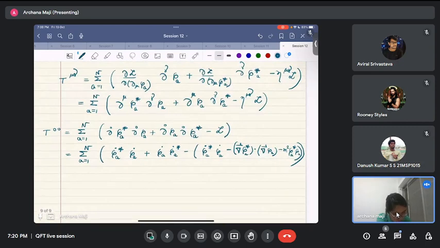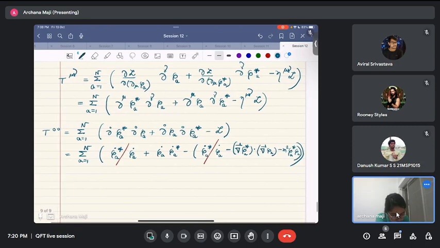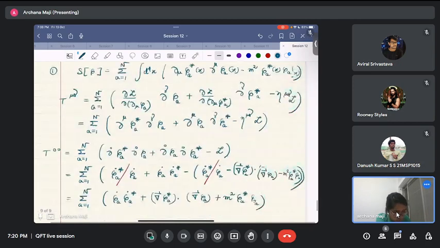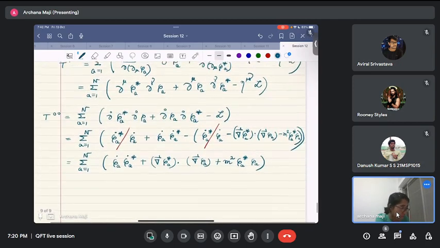So you can see these two terms getting cancelled out. This is equal to phi A dot star plus gradient of phi star dotted with gradient of phi plus m square phi star phi. Okay. And we can evaluate the conjugate momentum corresponding to field phi.